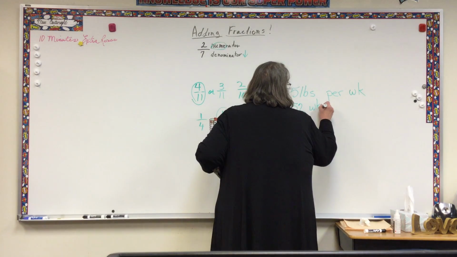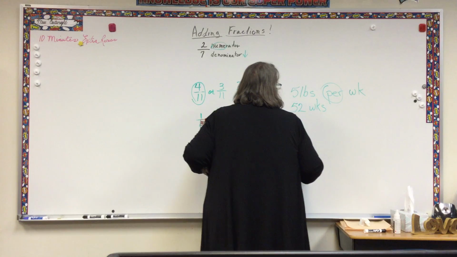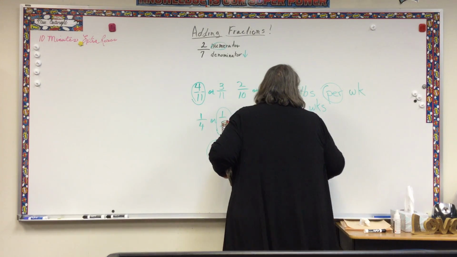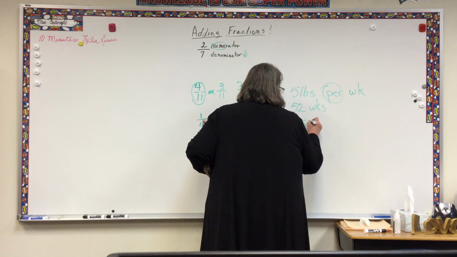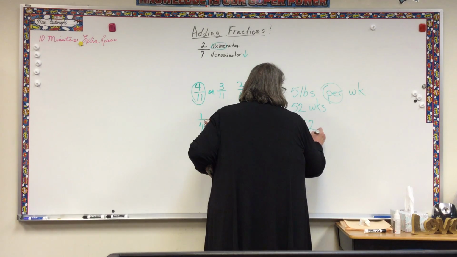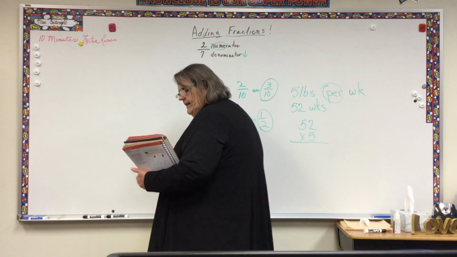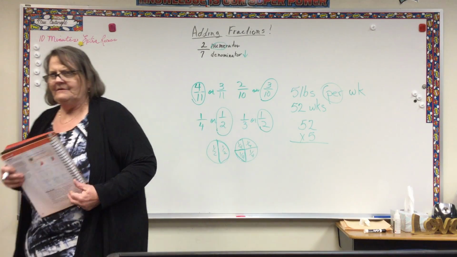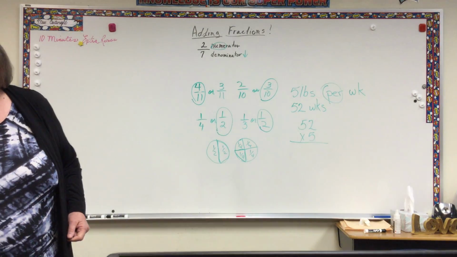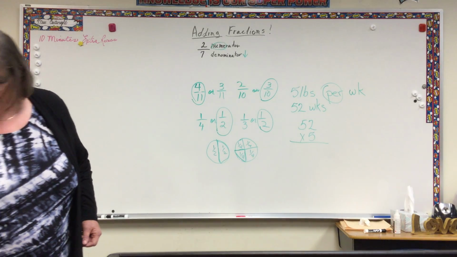So what we're going to do, we're going to take the word per and know that we need to multiply. So 52 times 5 is how we get our answer. And our label will be what? Apples. Okay.